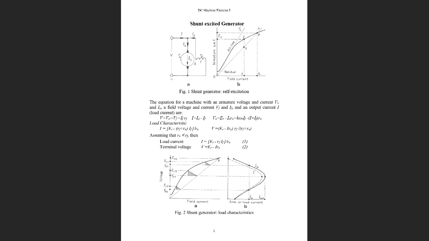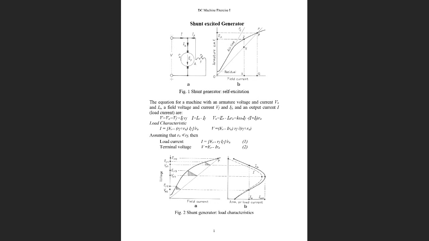For the field coils, we have the so-called resistance RF here. In the lectures, we already explained that RF actually comes from two parts. One is the field coil itself, which has resistance. The second part is the rheostat, the adjustable resistance that controls the field current against the terminal voltage.